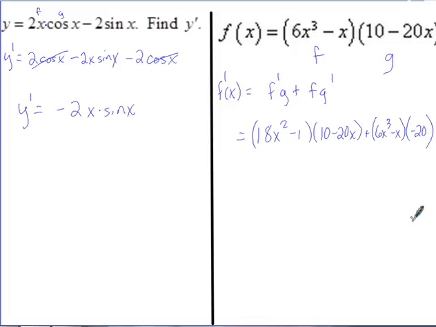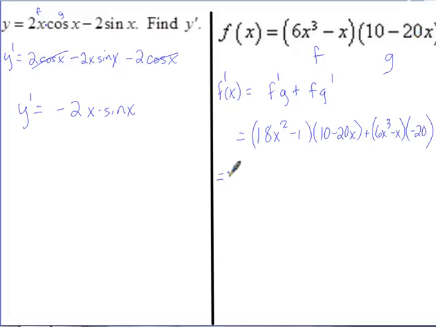Okay, so he said it's 18x squared minus 1. Where do you get that from? It's the derivative of f, right? Okay, times the original g plus the original f times the derivative of g. Now what? Simplify. FOIL and combine like terms.